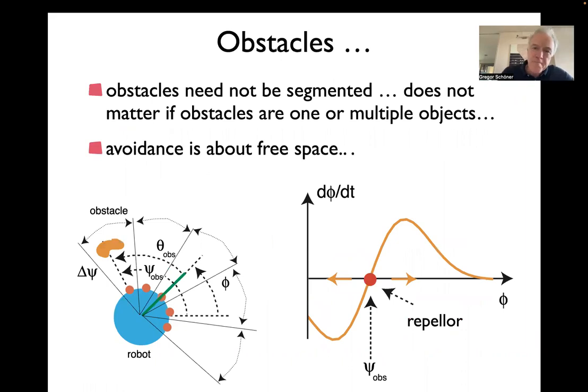Now, the notion could be that what we really want to do is really just say we probe space, and we just want to avoid directions in space that are not sufficiently free, where we can't really maneuver. And again, we don't really care about how come that there are obstructions.